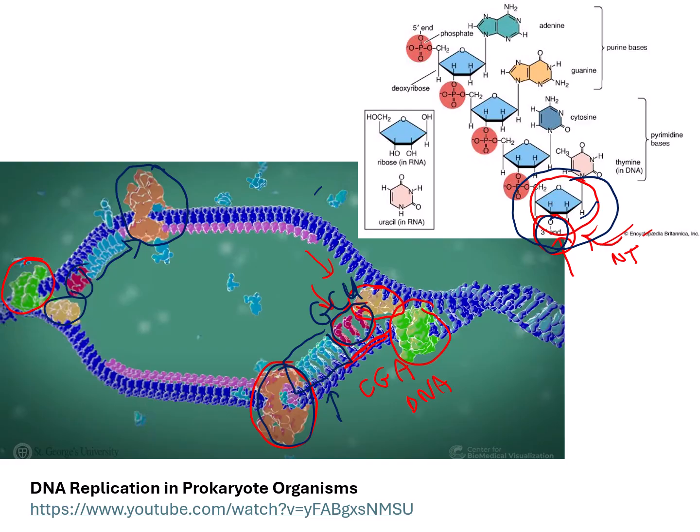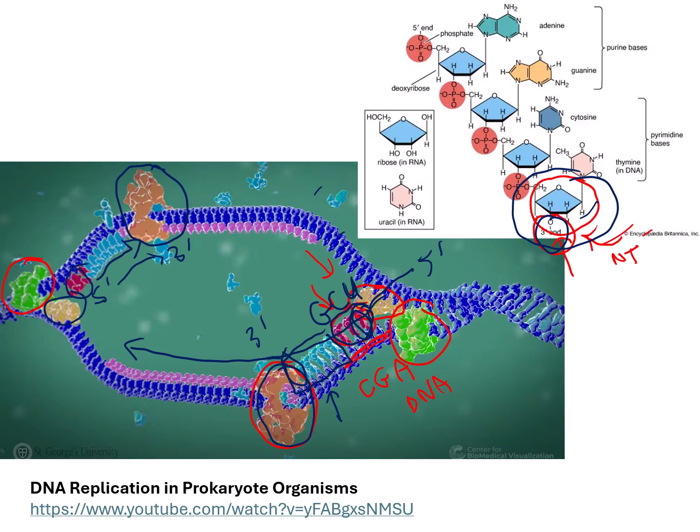One thing to note is that since DNA replication can only go from 5' to 3', this must be the 5' end, and this end must be the 3' end. So it's growing in this direction for that new strand of DNA. The same thing must be happening here. That primer creates that 5' end, and it's growing along the 3' end.